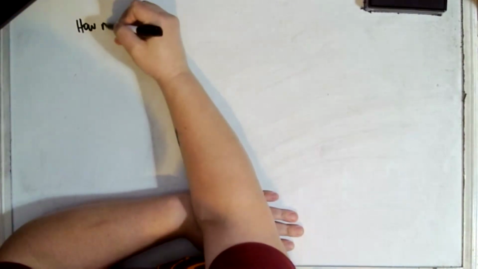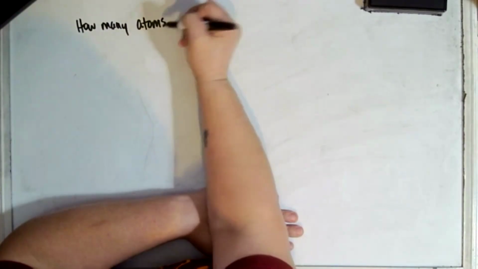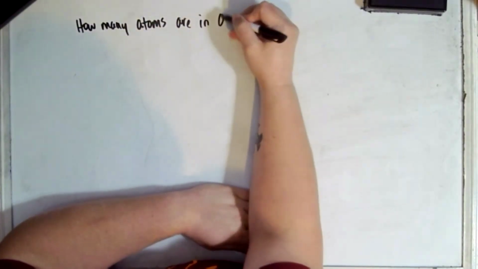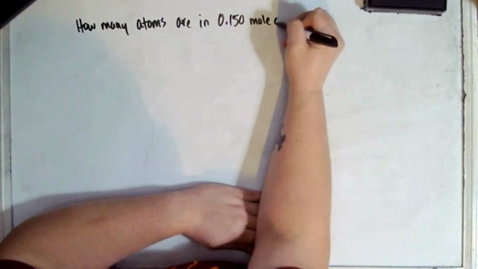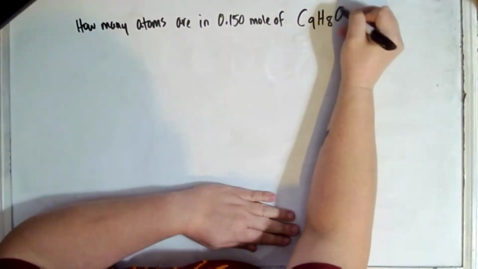They're asking us how many atoms of oxygen are in 0.150 moles of aspirin, which is C9H8O4.